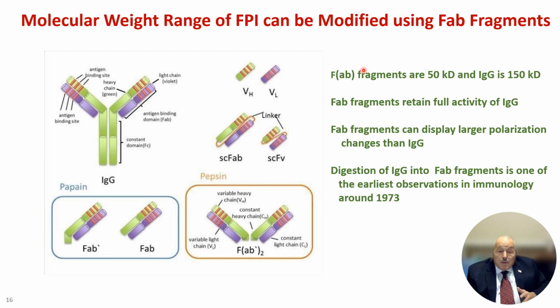Now, one of the problems with these direct immunoassays is that you may not get a large enough change in polarization when the antibody binds to whatever the antigen is. So the answer to that is to make the tracer molecule smaller. So when you get an antibody molecule complete, it's something like this, 150 kilodaltons, and it's very easily broken up into smaller fragments.